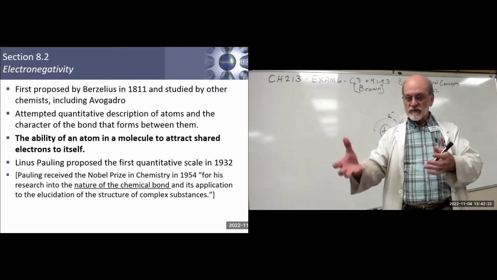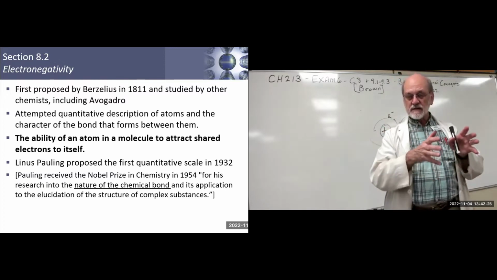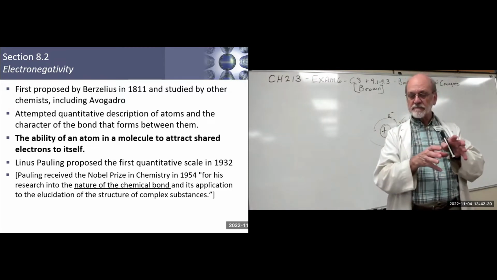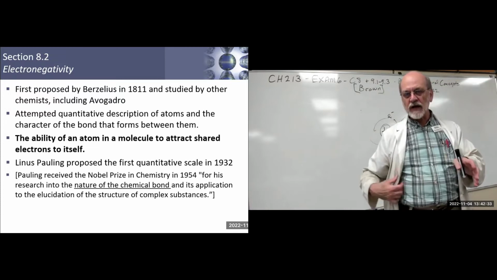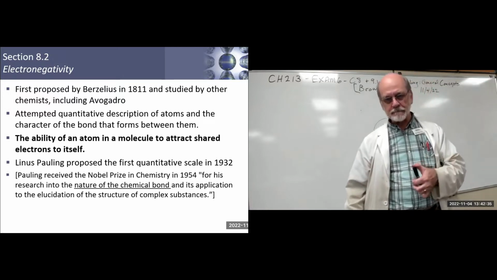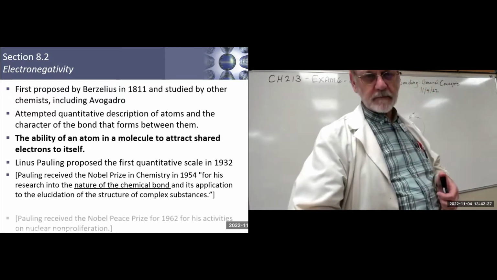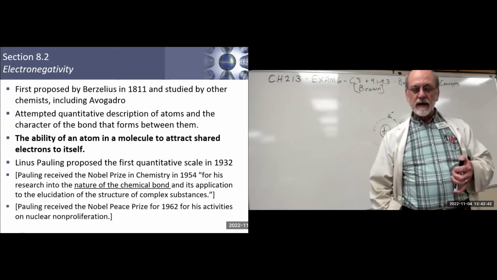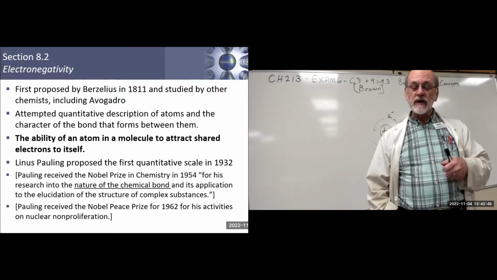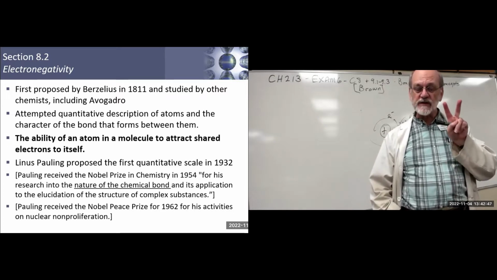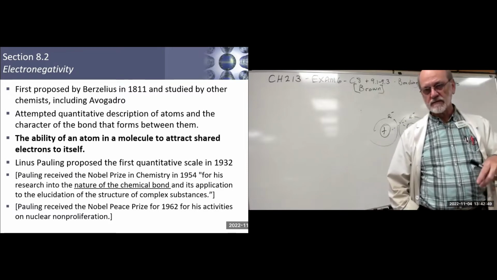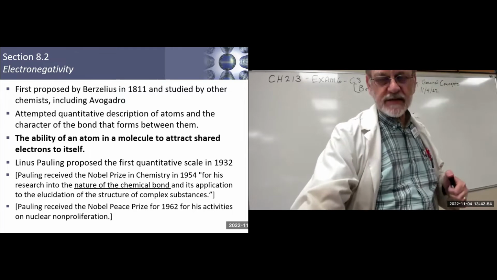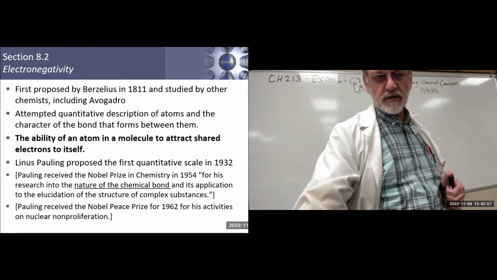And the descriptions that he proposed and the support that he provided for his theories won him the Nobel Prize for Chemistry in 1954. He's one of the few Nobel Prize winners who has received 2 Nobel Prizes in 2 different venues. The Nobel Peace Prize in 1962 was awarded to Linus Pauling.